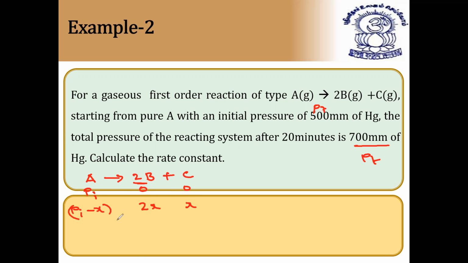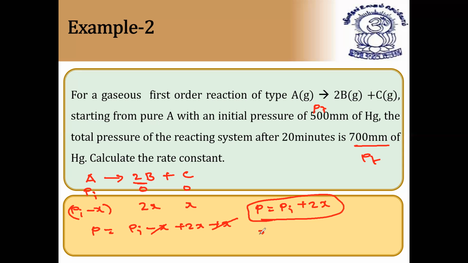So the total pressure is equal to Pi minus x plus 2x plus x. So this becomes Pi plus 2x. So by this you can find out total pressure is equal to Pi plus 2x.